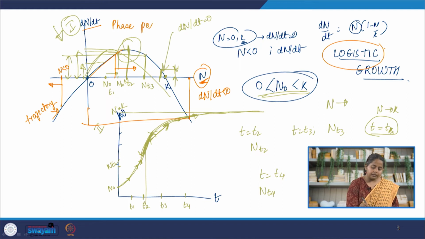Phase portraits inform me about all possible qualitative solutions to my system, whether it is a one-dimensional, two-dimensional or n-dimensional system.